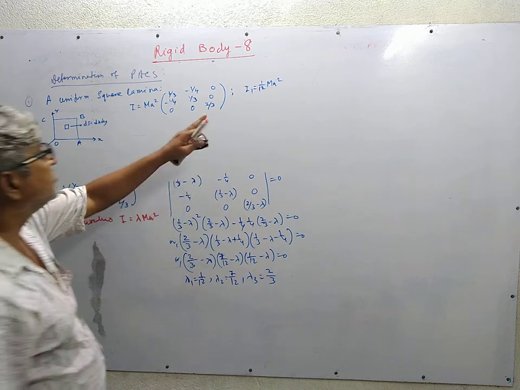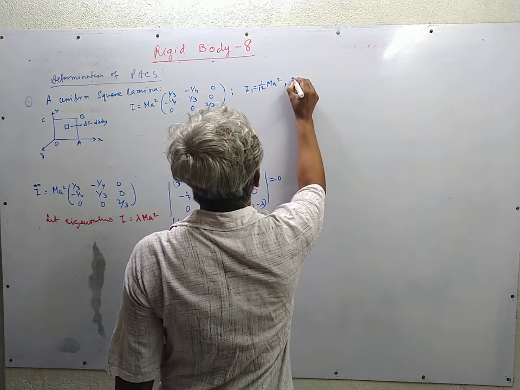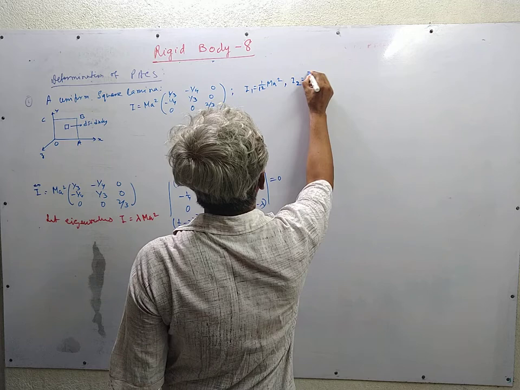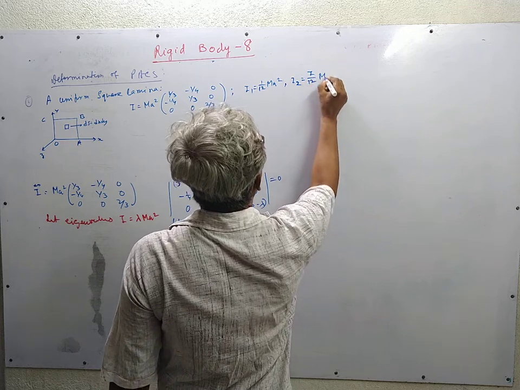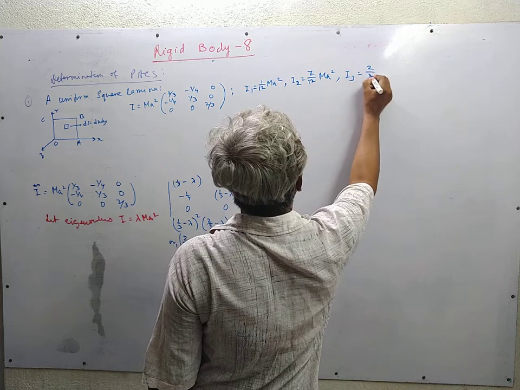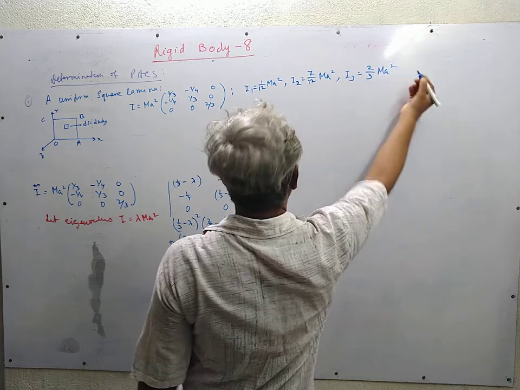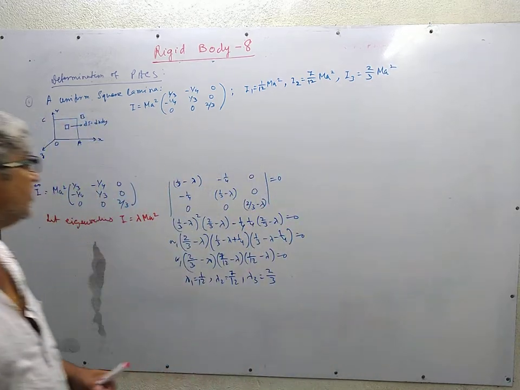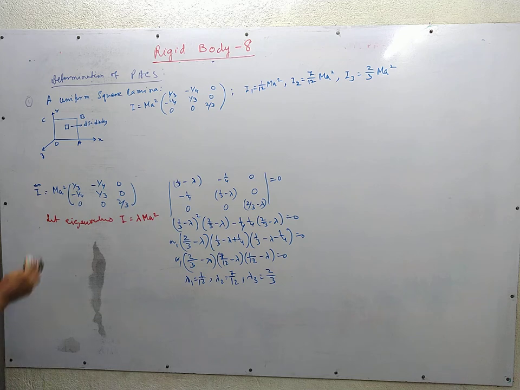I2 is equal to 7 by 12 m a square, and I3 is equal to 2 by 3 m a square. Now we want to find the eigenvectors.